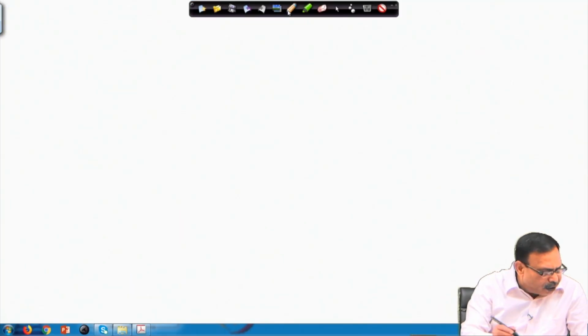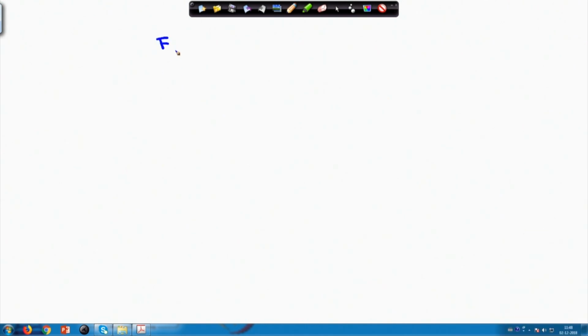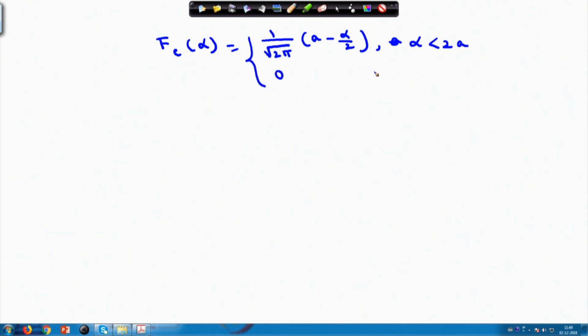So, for this one your function is just we are writing Fourier cosine transform of alpha. This is equals 1 by root over 2 pi a minus alpha by 2, where alpha is less than 2a, and this is equals 0 whenever your alpha is greater than equals to 2a. So, what is your f x?